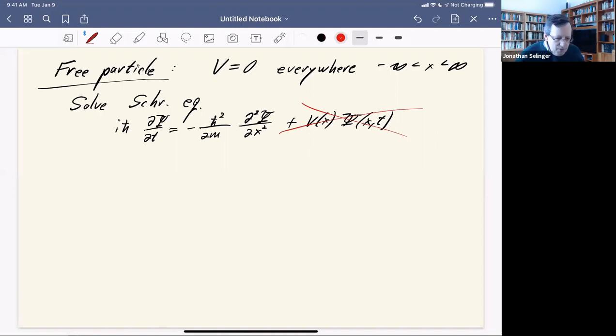So we do the usual separation of variables.